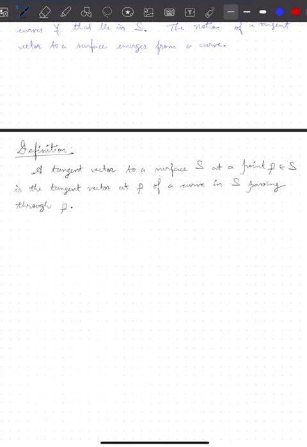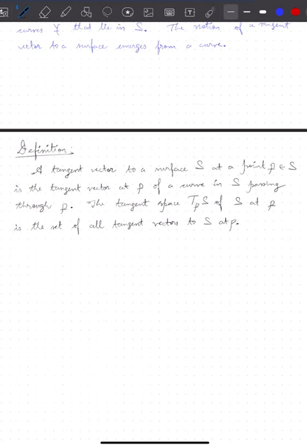The tangent space T_P S, where P is the subscript, of S at the point P itself, is the set of all tangent vectors to S at P.